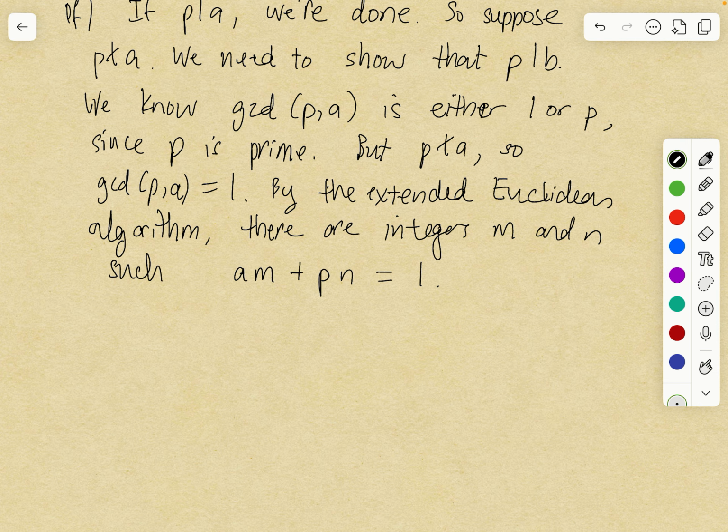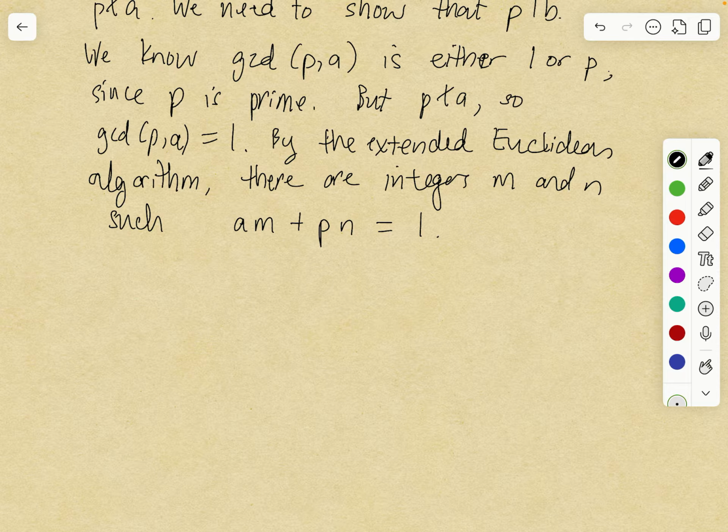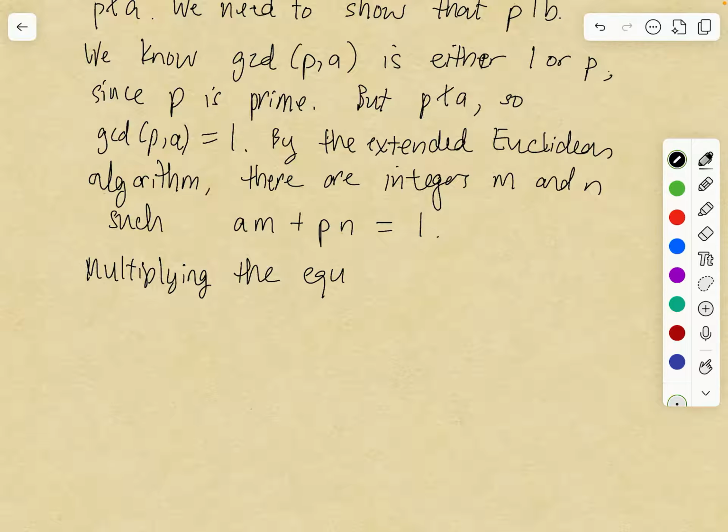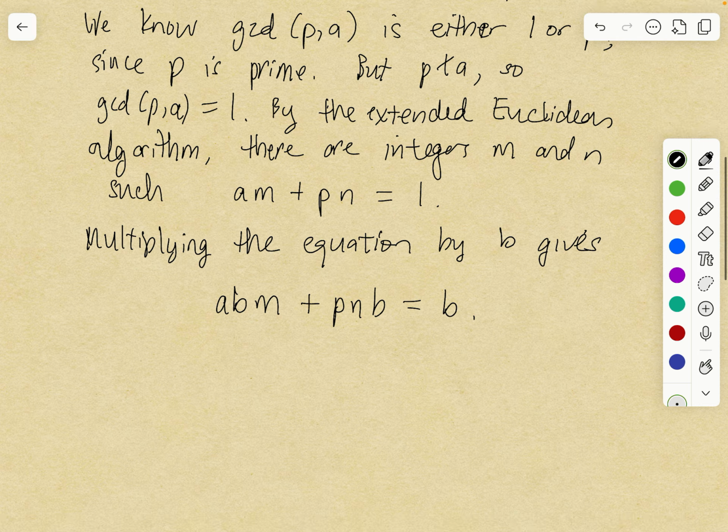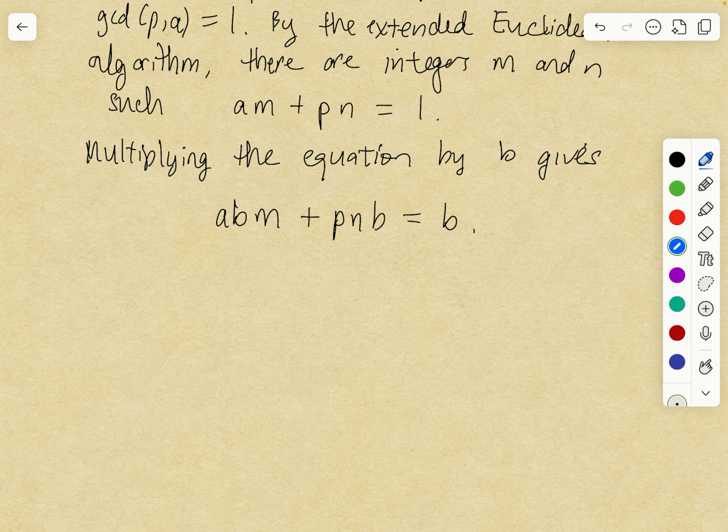Now multiply both sides by b. We need to get b in there somehow. So multiplying this equation by b gives us abm plus pnb equals b. Now, look at what we have here.